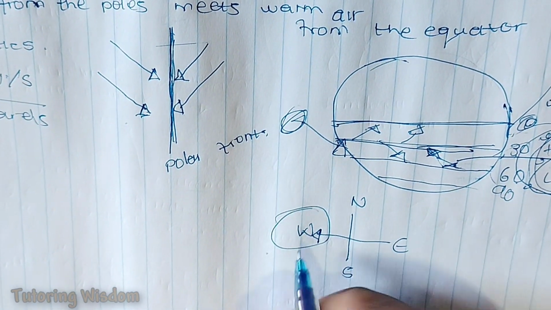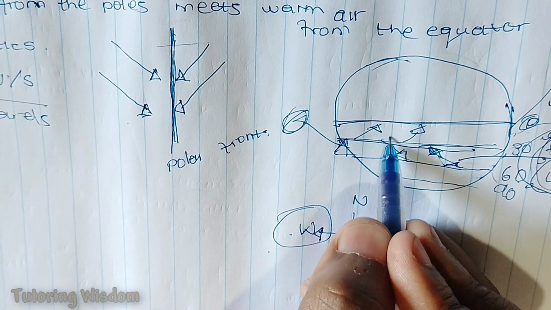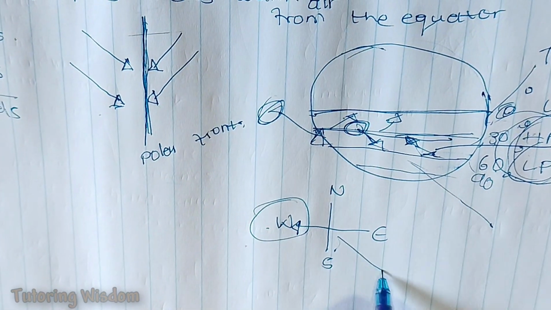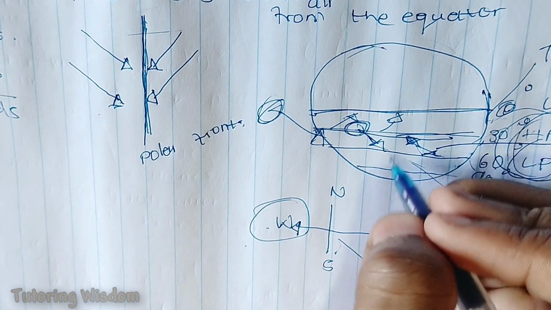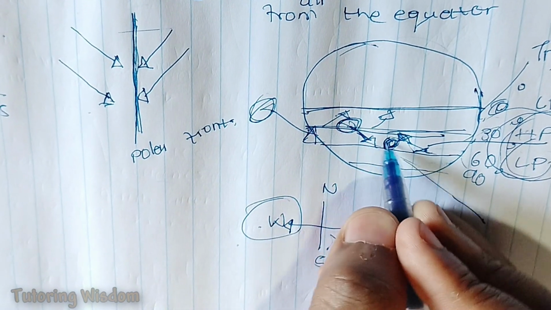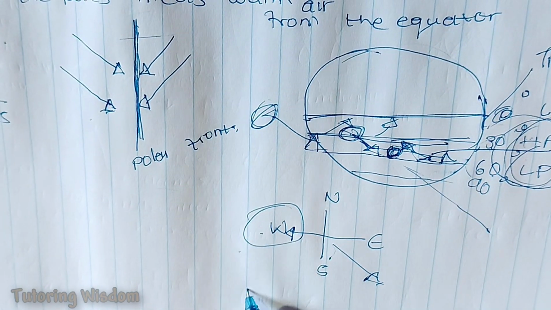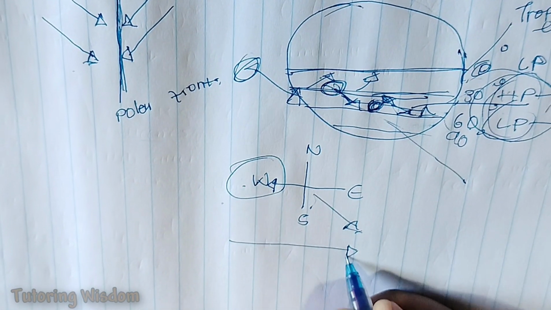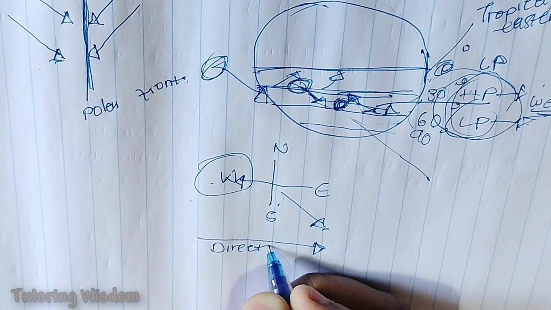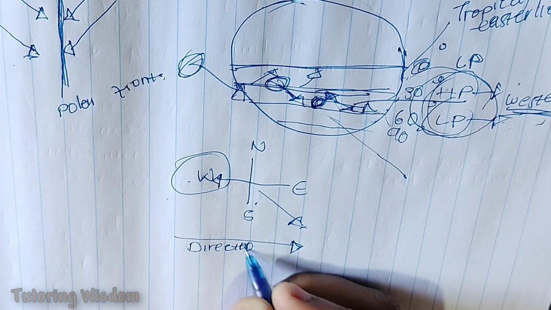Remember we said they are driven by your westerlies, that's why they move from the west to the east. If a cyclone forms around here, these winds will push it that way. So that's why we say the direction in which they move is eastwards.